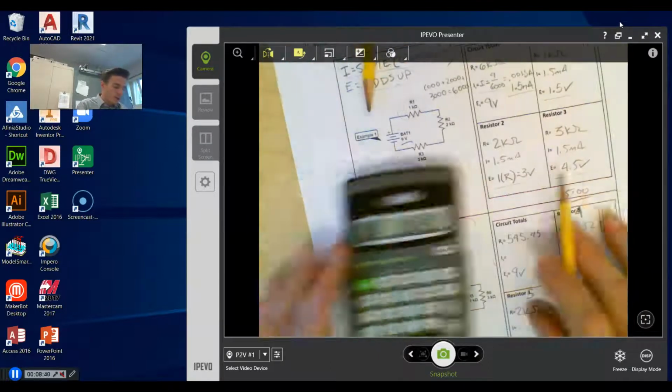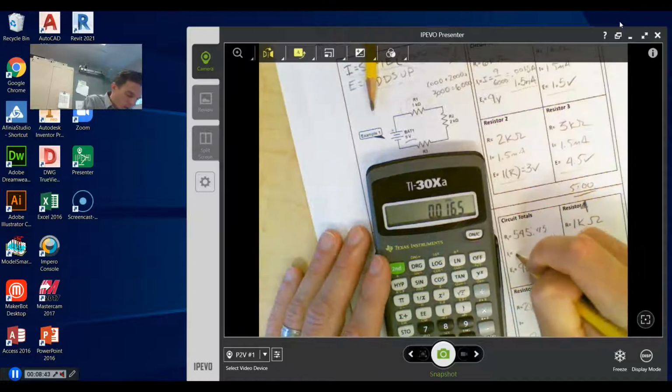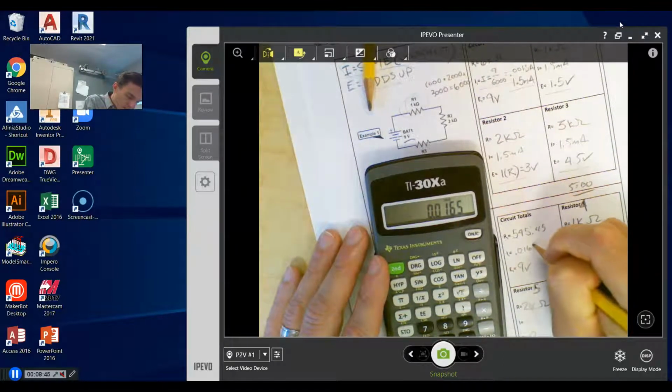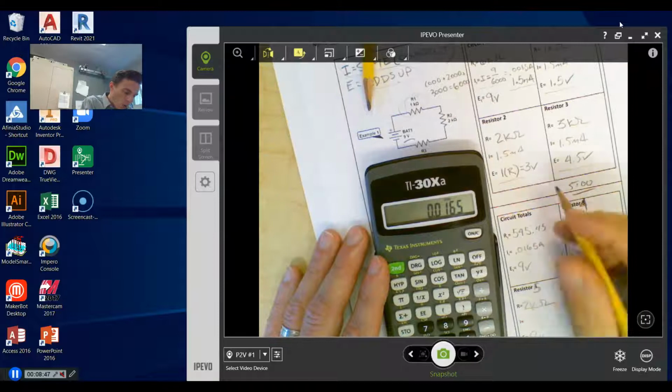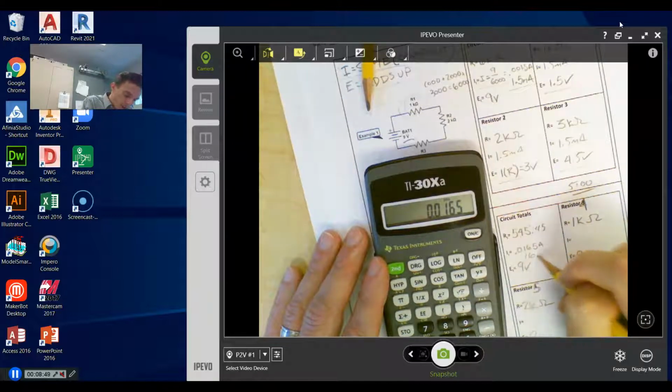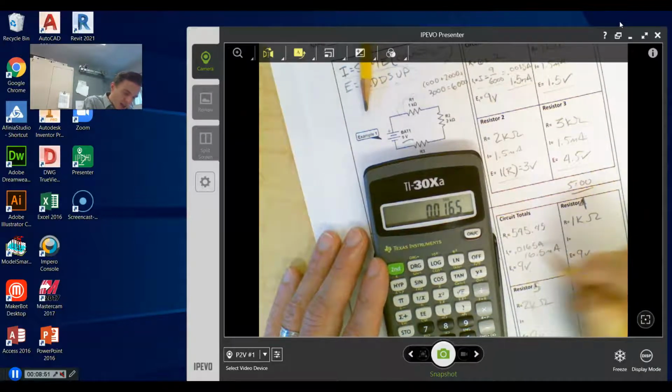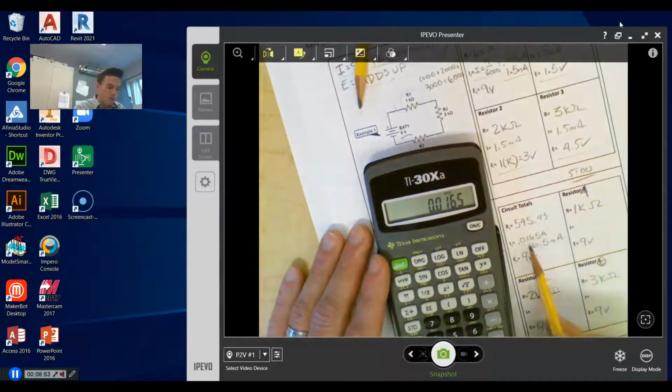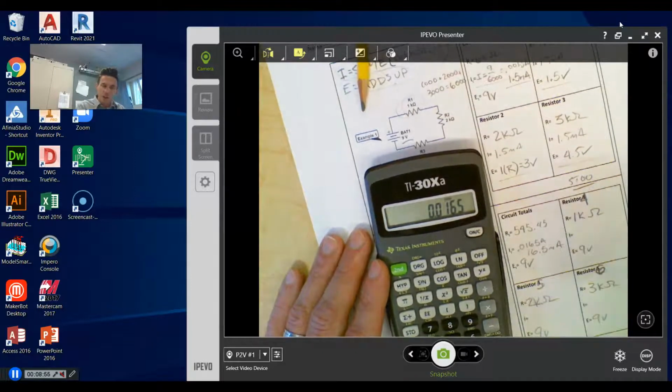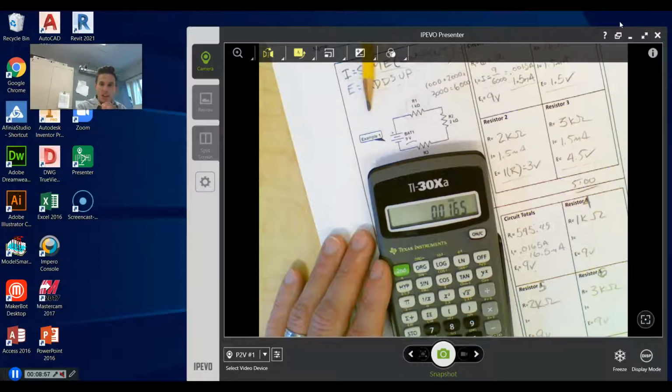So voltage divided by resistance here, I'm coming up with 0.0165 amps or 16.5 milliamps. I do like to write down my base number here so I can just keep referring to that to stick it into my calculator.